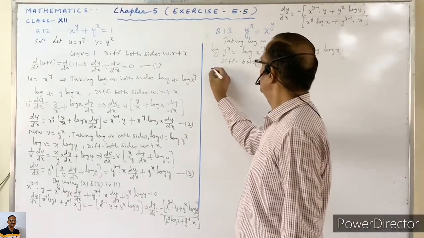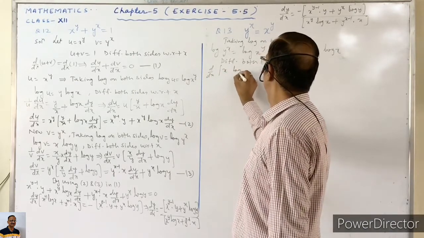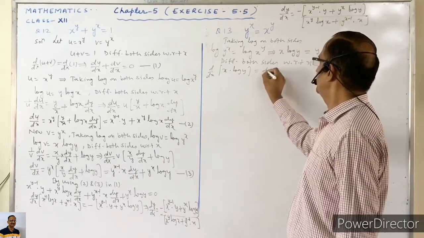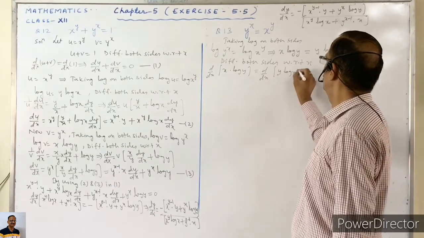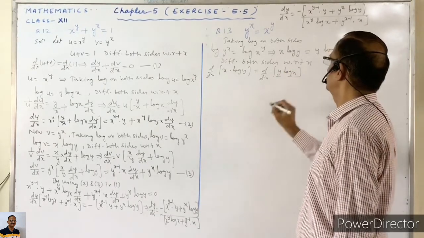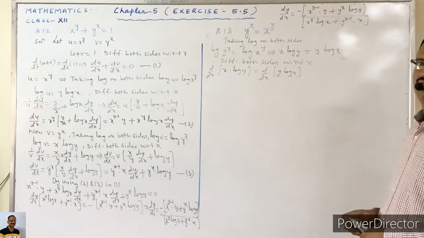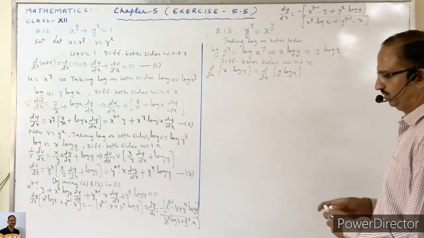So we can write d by dx of x log y. So these two are in product. On right hand side d by dx of y log x. These two are also in product. So on both the sides we will differentiate the functions by using product rule.